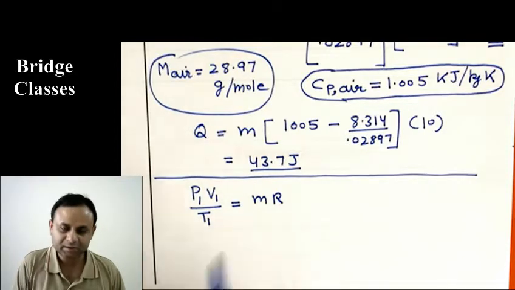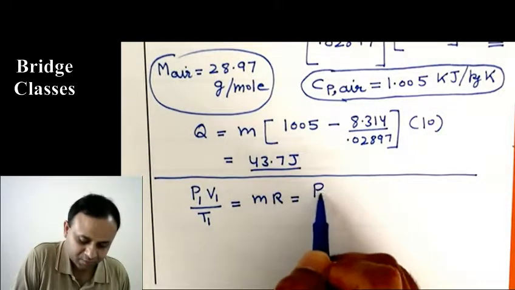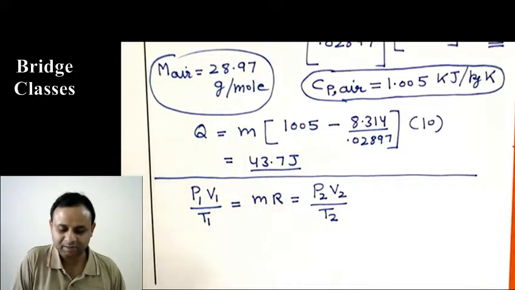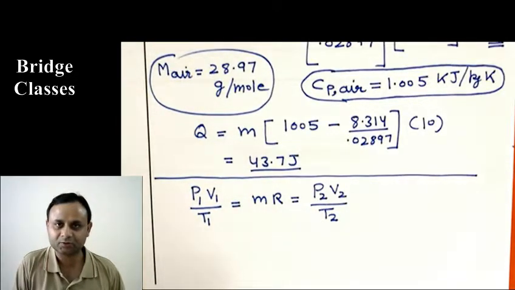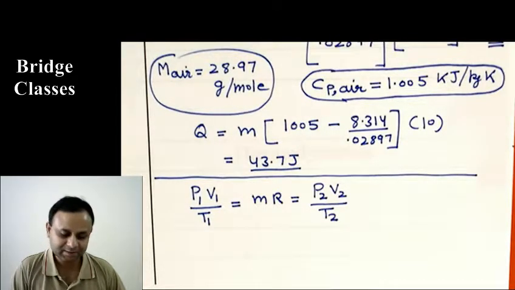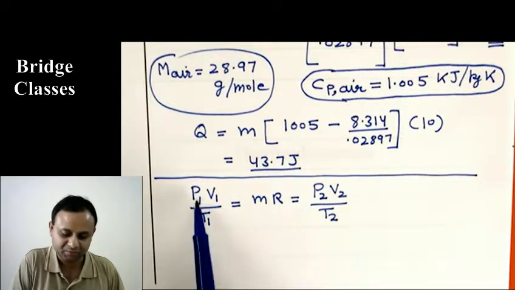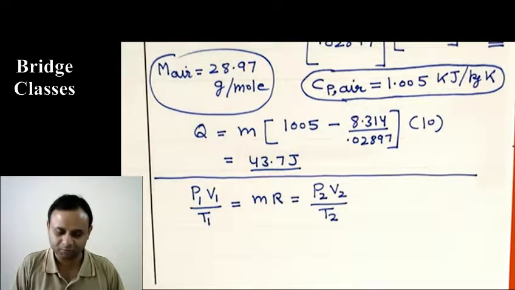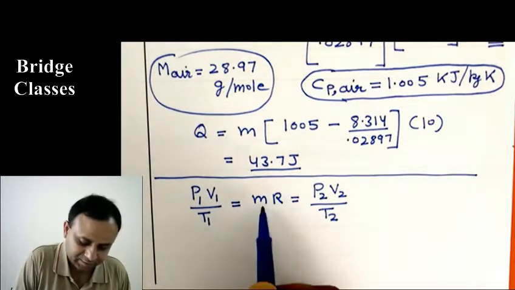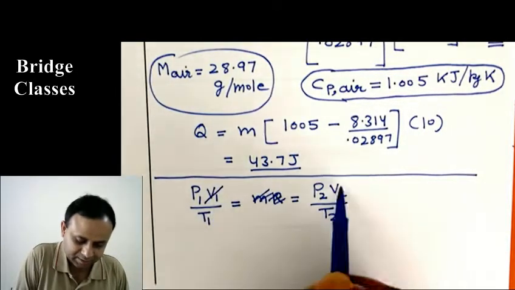Similarly at state 2, P2 V2 over T2 equals mR. So effectively, for a closed system with an ideal gas, PV over T is a constant: P1 V1 over T1 is P2 V2 over T2. In this case, volume remains constant, so that cancels.